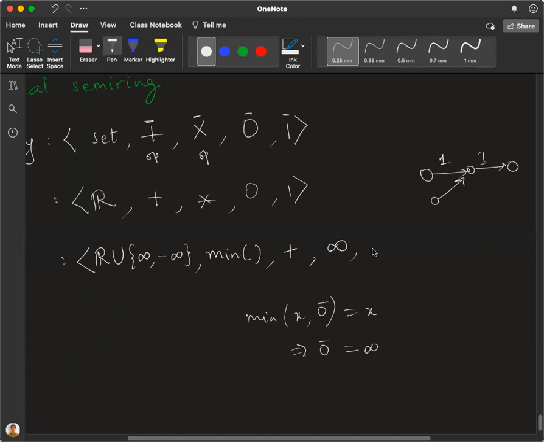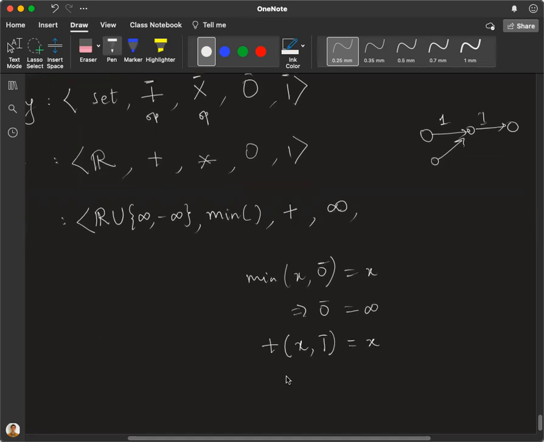Now, you need the one element. If you do this into this, then you will get this only. So basically, your multiplication operation applied on x comma 1 bar should be equal to x.